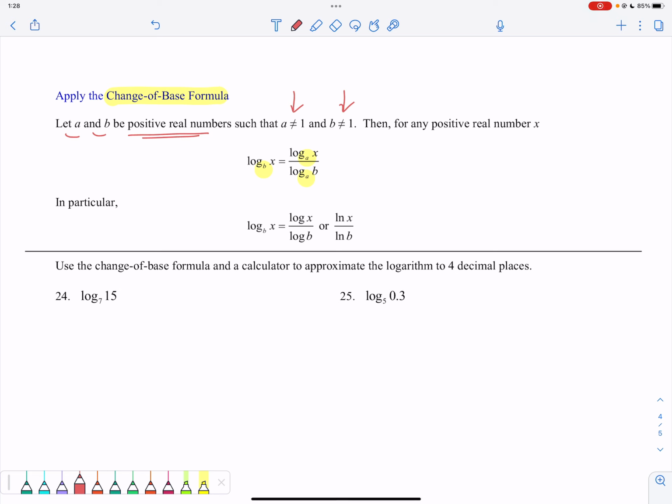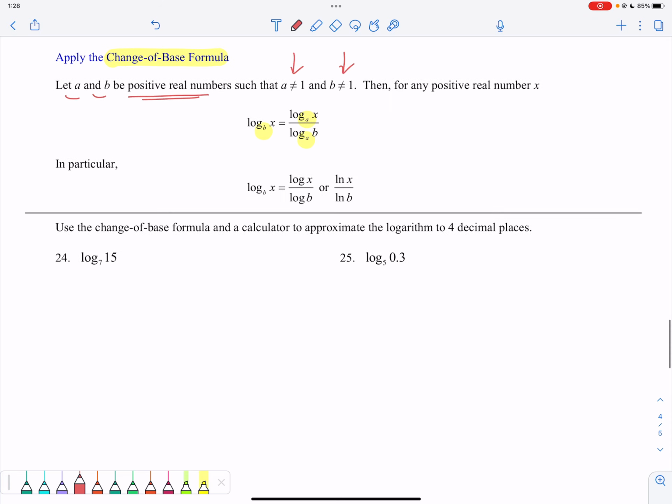And the change of base rule says the log base b of x is equal to the log of any base you choose of x divided by the log of that same base of b. So in particular, we really like to go to the common logarithms or the natural logarithms. Because we have these on our calculator.